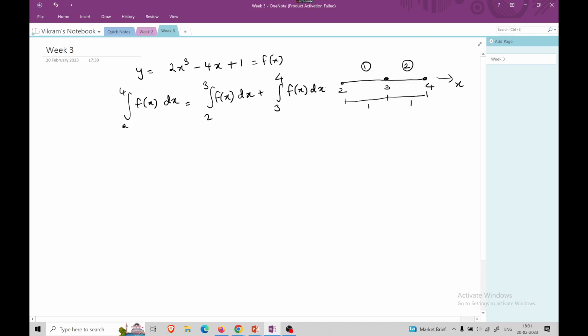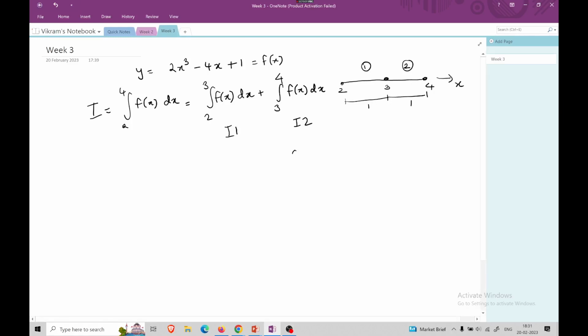I call the first I1 and the second I2. I am supposed to use Simpson's rule to find the values. The total is I, which is I1 plus I2. I use the Simpson's quadrature rule to find I1 and I2, and then add them to find the final answer.